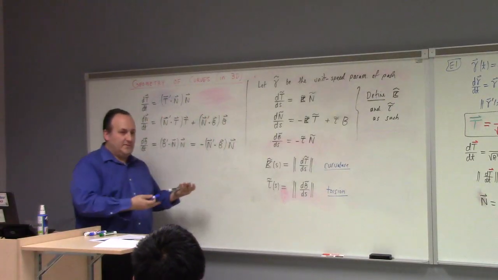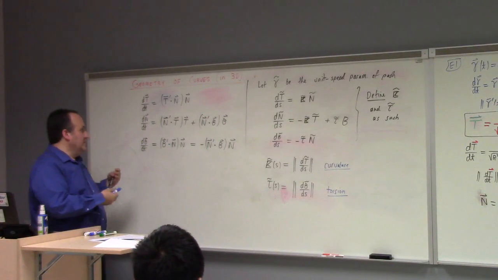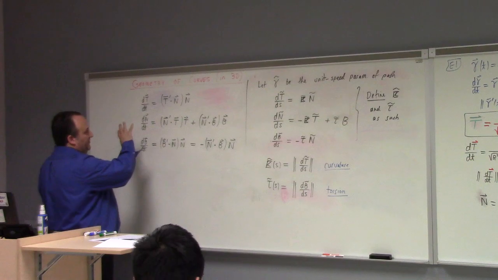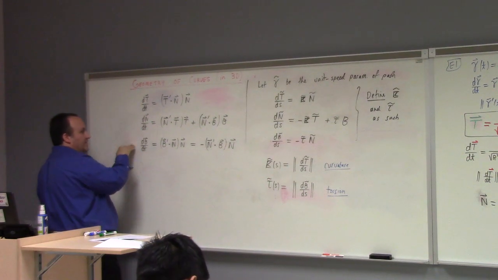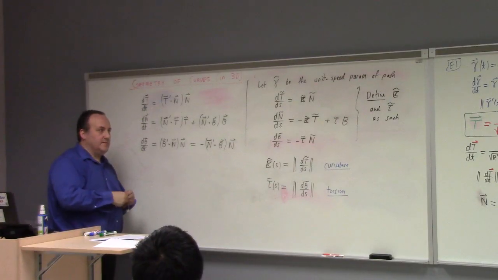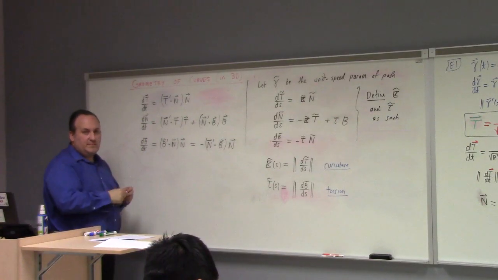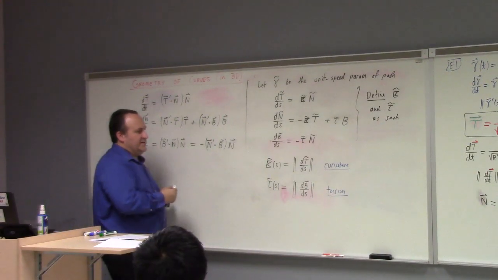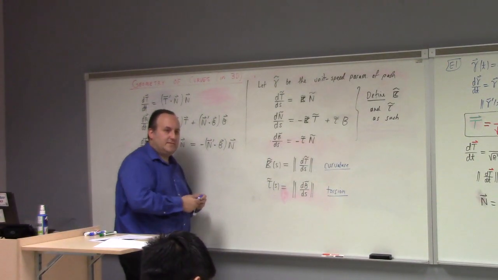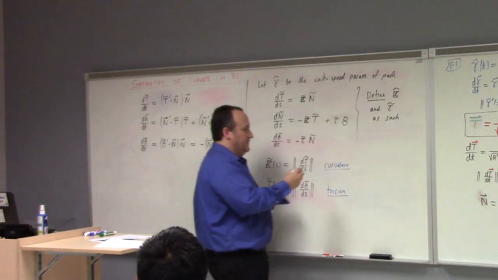What I've just derived for you guys is that the differential equations that govern the time evolution of the Frenet frame are governed by the curvature and the torsion. Now, what's the relation between unit speed and speed t? There's a simple chain rule.